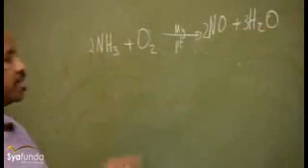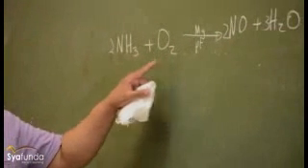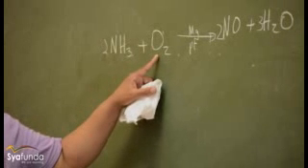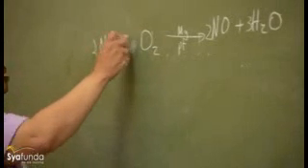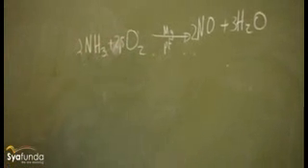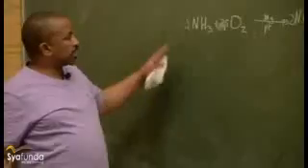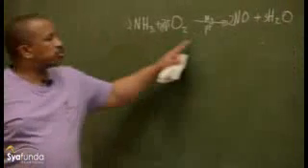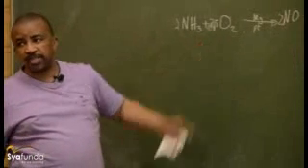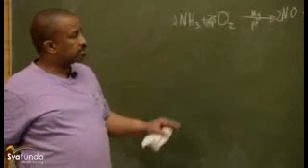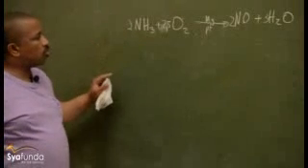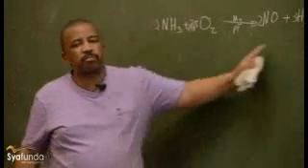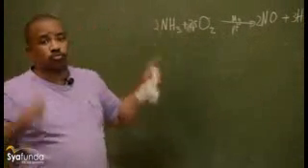It's 2 plus 3, it's 5. Oxygen 5. Now, oxygen is diatomic, so you say 5 divided by 2, which is 2,5. But now, we don't want to use a fraction to balance the equation. What do you do? You multiply both sides by 2.